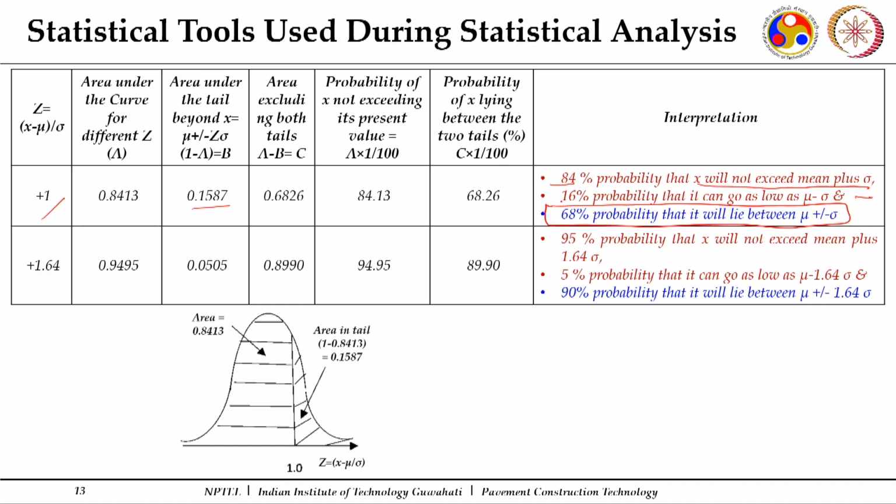This is on the basis of a standard normal deviate of +1. Similarly, with ±1, I will have an allowance of 68%.